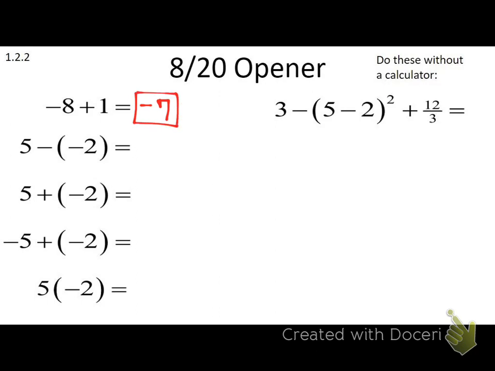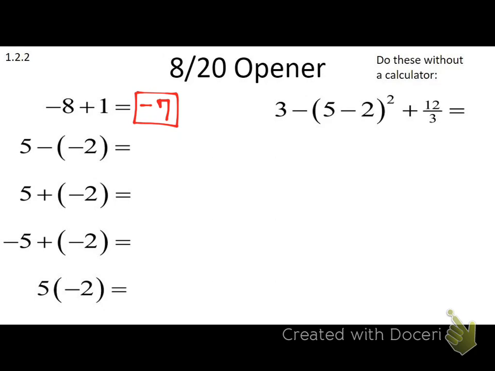You have a negative and a positive. If you have different signs, you find the difference. And difference means to subtract. So you take your bigger number, 8 minus 1, you get 7. Then you look at which number is bigger, 8 or 1, without the sign. 8, so it gets 8's sign. So -7.